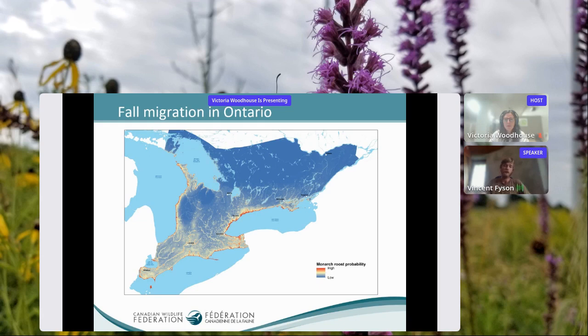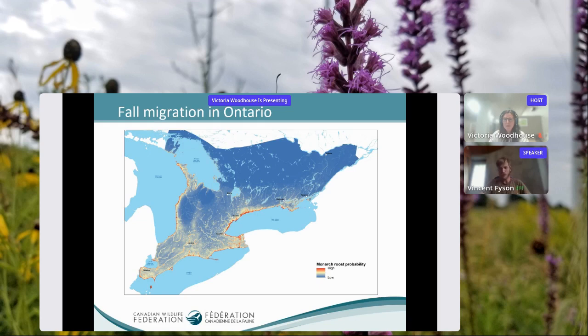Pasture forage and fallow fields did have a positive influence on monarch roost occurrence, not abundance, although it wasn't as strong of a relationship as it was with goldenrod fields.